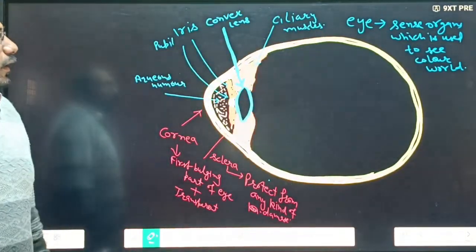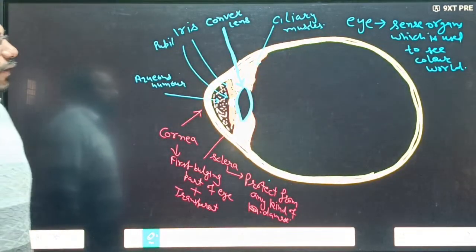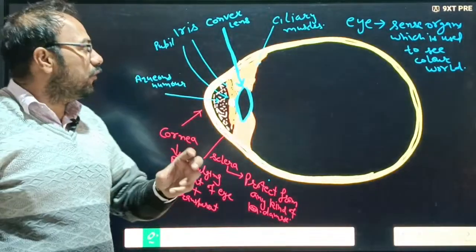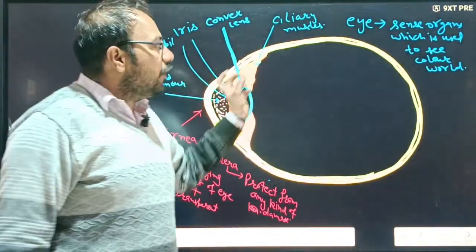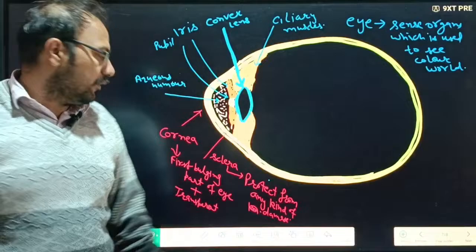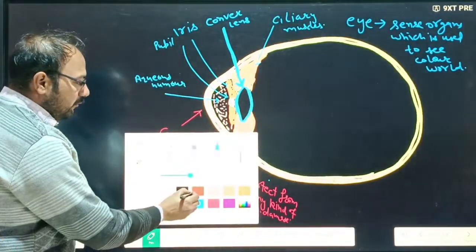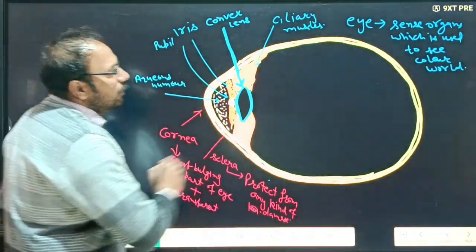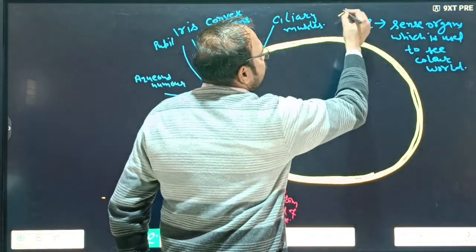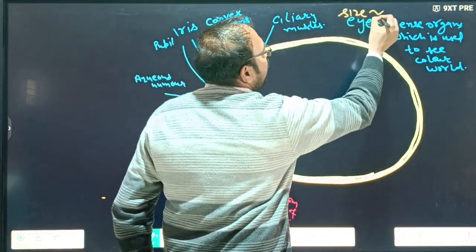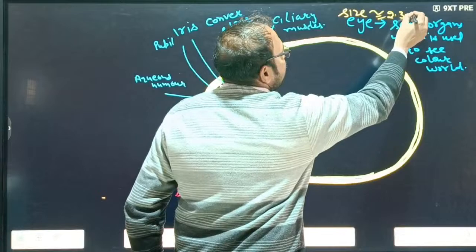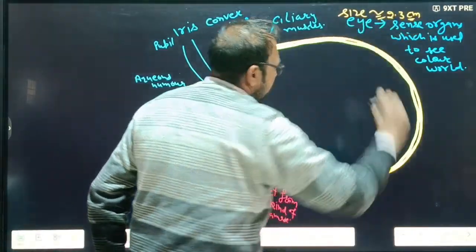Okay, and how many eyes are there? There are two. They are fit in the sockets, and the size of the eye is nearby 2.3 centimeter in diameter.